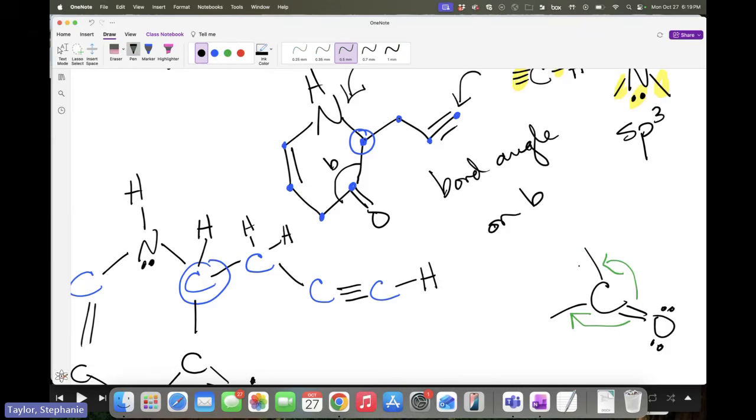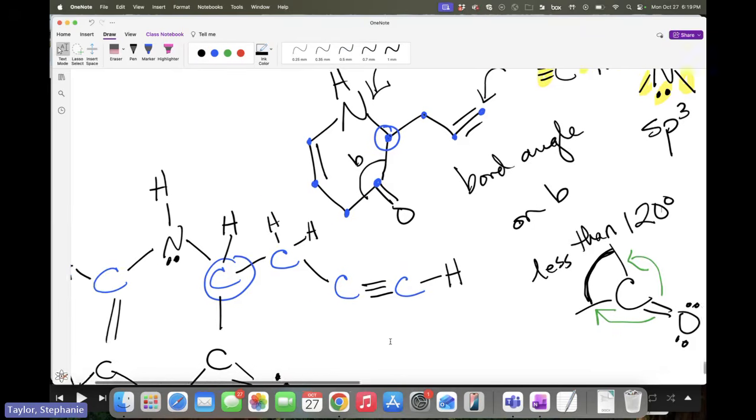Since the double bond is not part of that bond angle, this is going to be less than, and I do need to count the fact that this has 3 electron domains. That's trigonal planar, so that's 120 degrees.